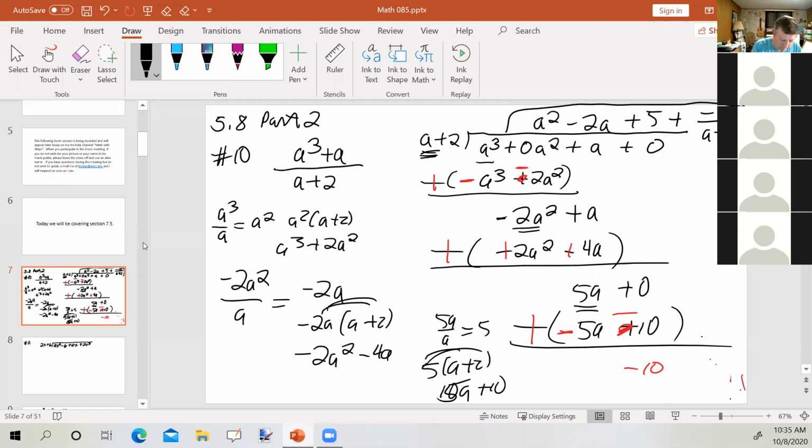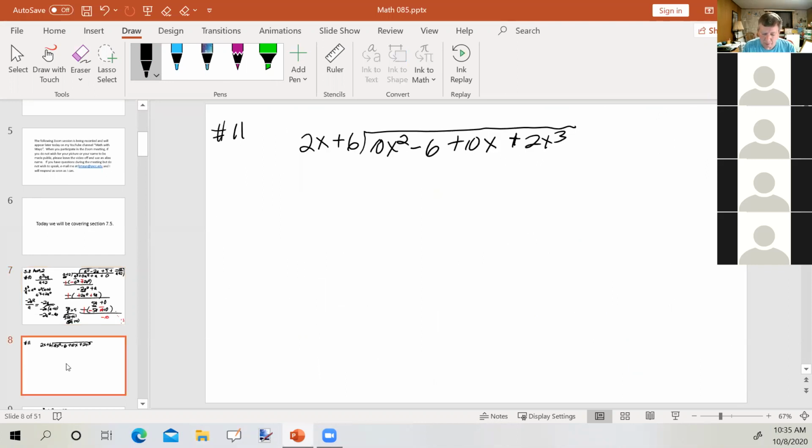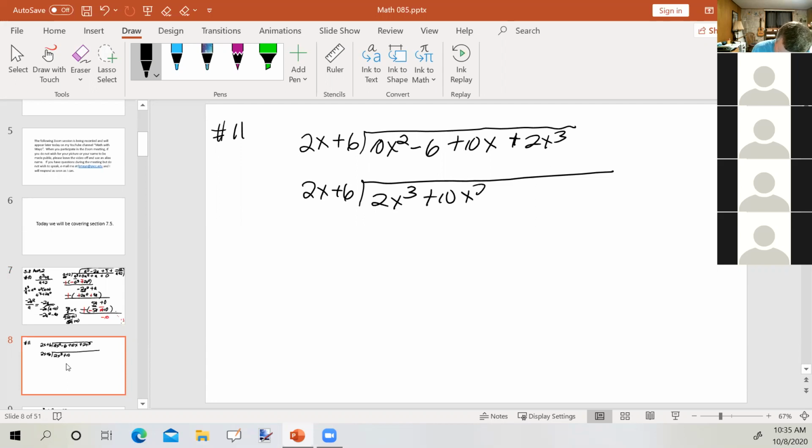All right. The next problem. We have a problem in that inside the long division process, the polynomial is not in descending powers. So I'm going to rewrite this problem. 2x plus 6 on the outside, 2x cubed plus 10x squared plus 10x minus 6.